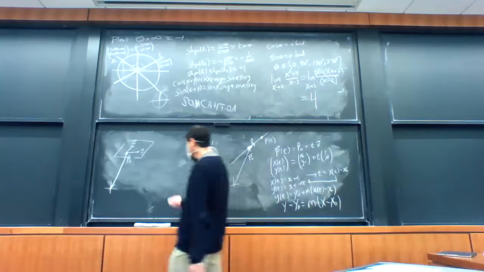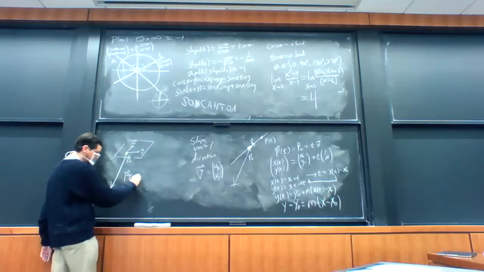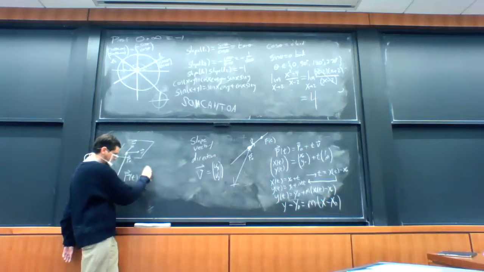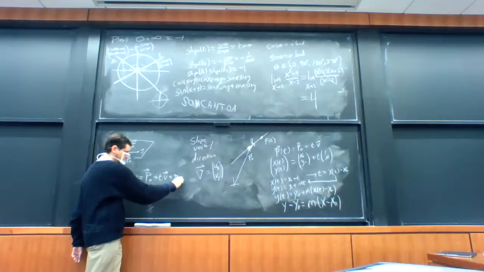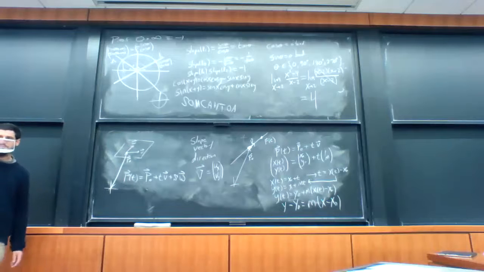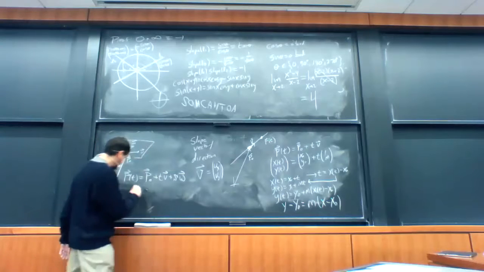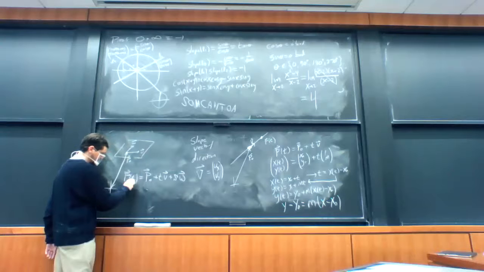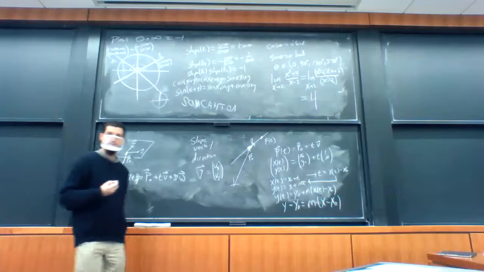And so one way to write down the equation of a plane is your location at time t is your initial location plus t times v plus s times w. So this should be p of (t, s). I have 2 variables. I have a 2-dimensional object.